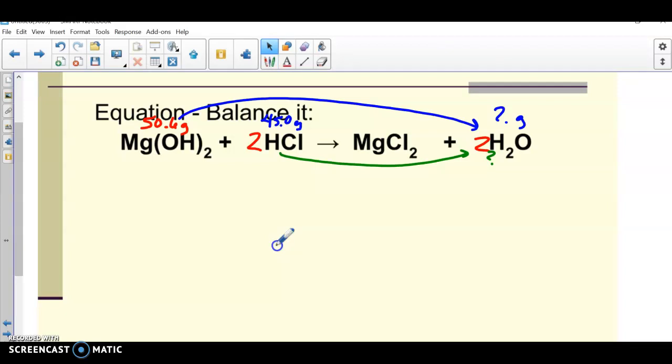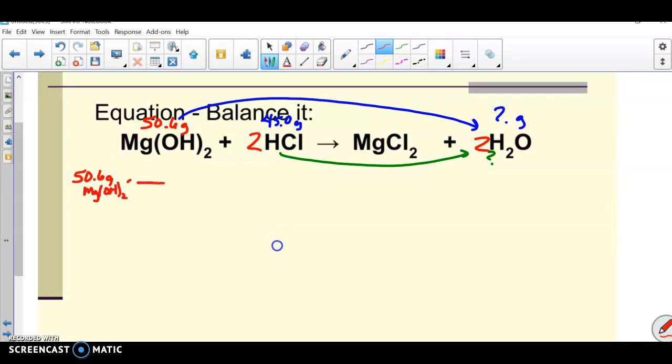So if I set this up for the first one, 50.6 grams of magnesium hydroxide. Now, I've previously calculated my molar masses here, so I'm just going to plug those in. I know 1 mole of this, and we know how to figure out molar mass. It's just summing up the atomic masses. It's 58.33 grams of magnesium hydroxide.